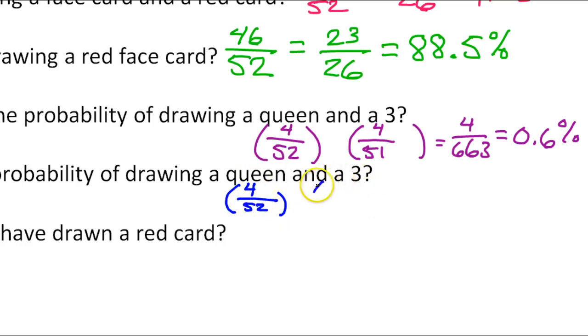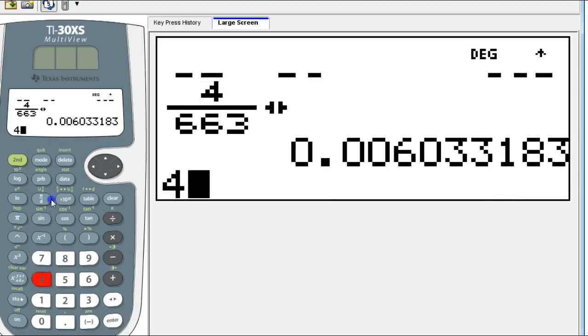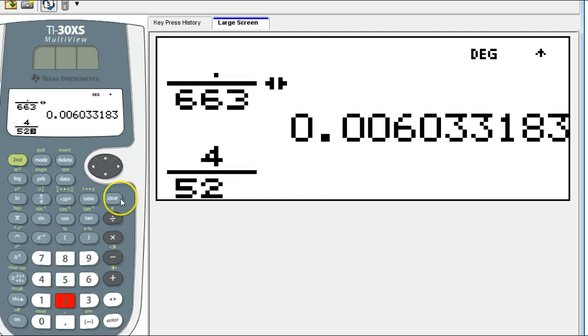But then the probability of drawing the 3 is 4 out of 52 again. Alright, because we put the queen back this time, so we still have 52 total cards to choose from. Okay, so it'll be 4 out of 52 times 4 out of 52.